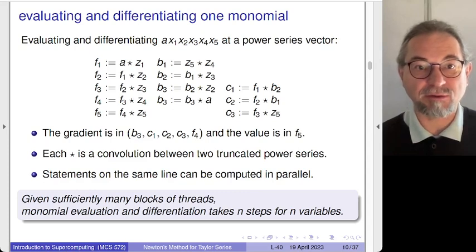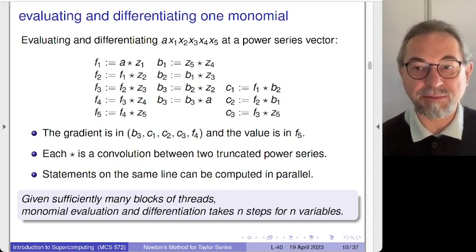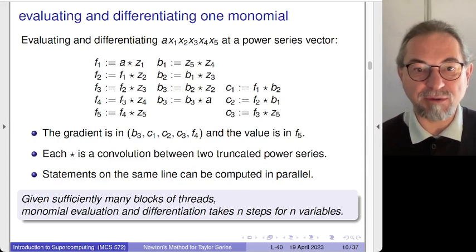It's not quadratic at all, so you have a huge reduction step already there. And remember, we also have the reduction step from the convolutions. When the convolutions are done by one block of threads, the overhead that we experience from working with the power series can already be absorbed by the GPU acceleration.